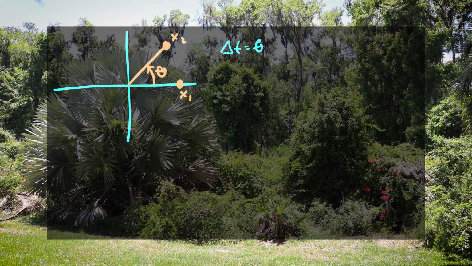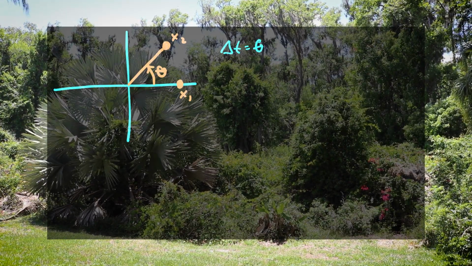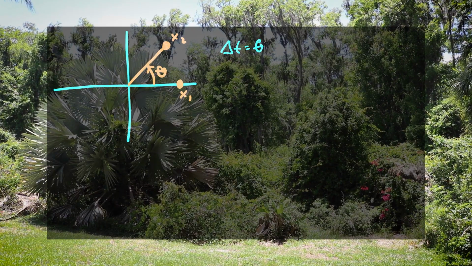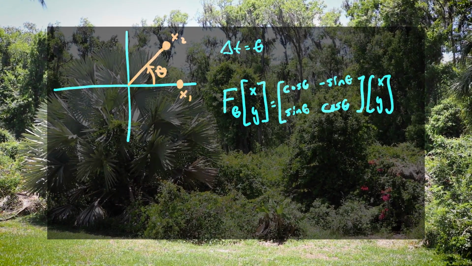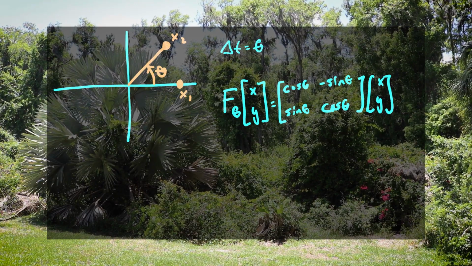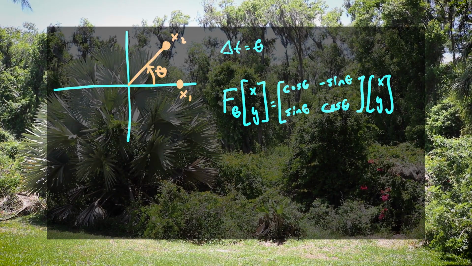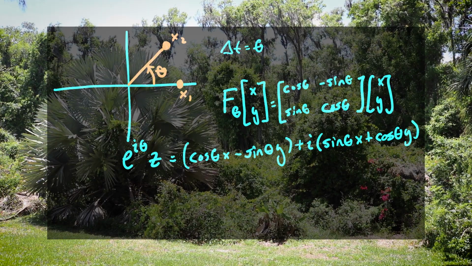So, for a fixed time step, in this case, it's going to be a rotation of the plane. Now, for x and y, if we were just in R squared, this would turn into multiplication by the rotation matrix, which is just a bunch of cosines and sines with a minus sign thrown in at one of the spaces. But all of this gets compacted into just multiplication by e^{iθ} when you're in the complex plane.